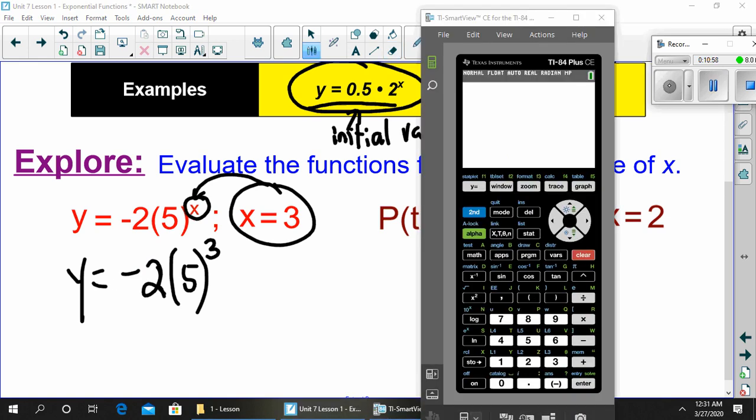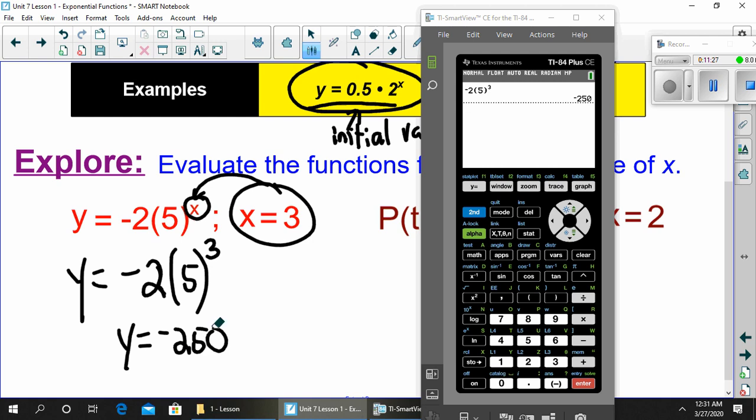So really, when you get to your calculator, you don't have to press y equals, just put in -2 and then parenthesis, exactly what it looks like, close parenthesis, the caret button, and then to the third power. You press enter and you get -250. So when you come back, it's y equals -250.